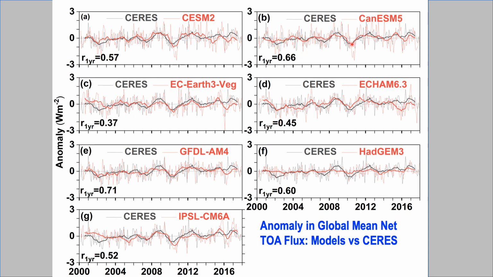And you can see this one, for example, is really showing all the same wiggles that we're getting in the observations very nicely. So it gives us confidence that the models are doing the right thing. The physics is okay in these models. So it's a nice, consistent story that we're getting from both observations and models.